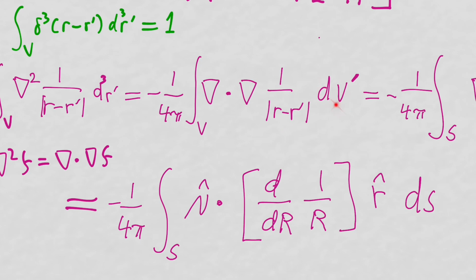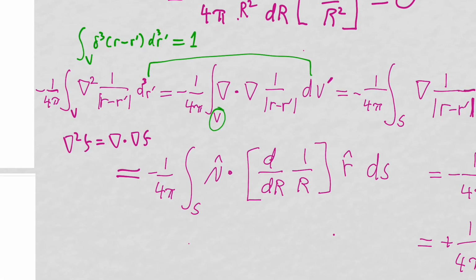And take note, we've got dv prime and d cubed r prime, and these two are the same. If we're going to talk about the volume integral, we may want to express it as a little infinitesimal volume as opposed to three components of an infinitesimal vector. It's your choice. I like to show it all here because I like to mix notation.